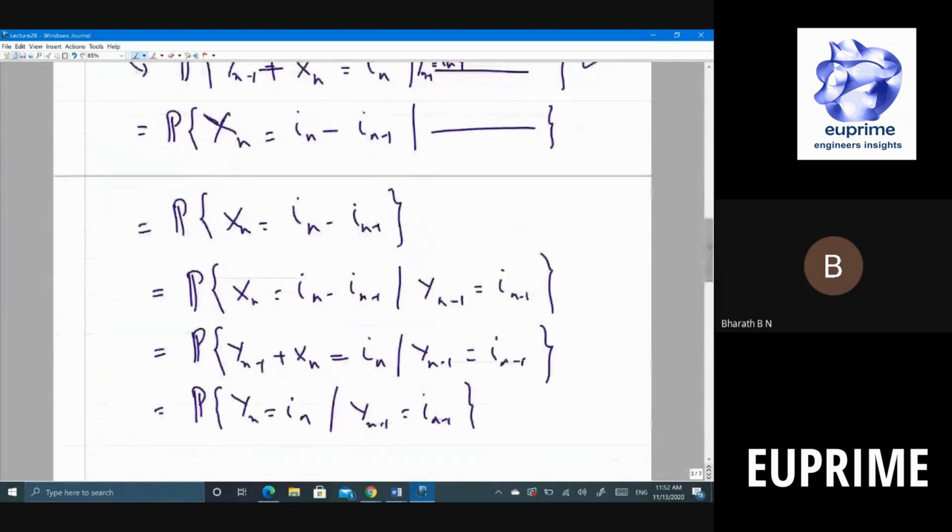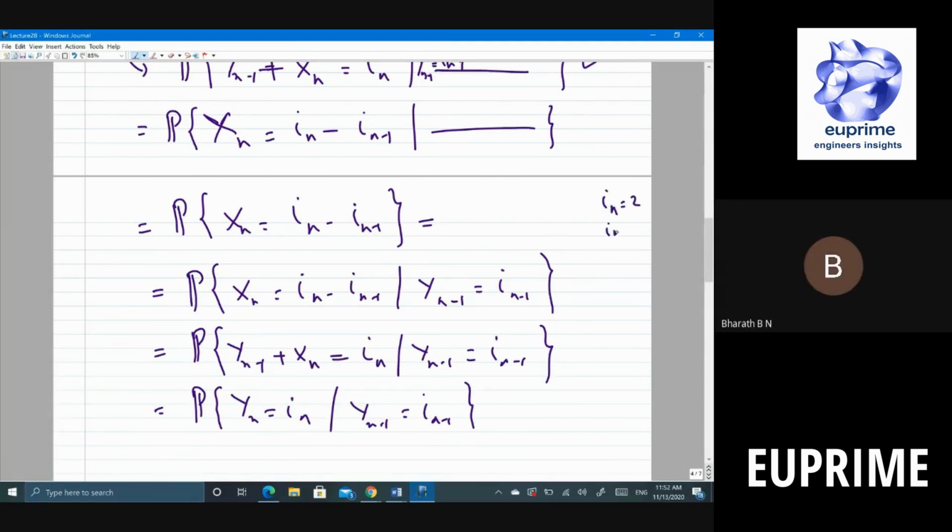What is this probability? This probability is for xn given xn minus 1. For example, xn is 2, xn minus 1 is 3. So what is the probability of xn equal to 1?